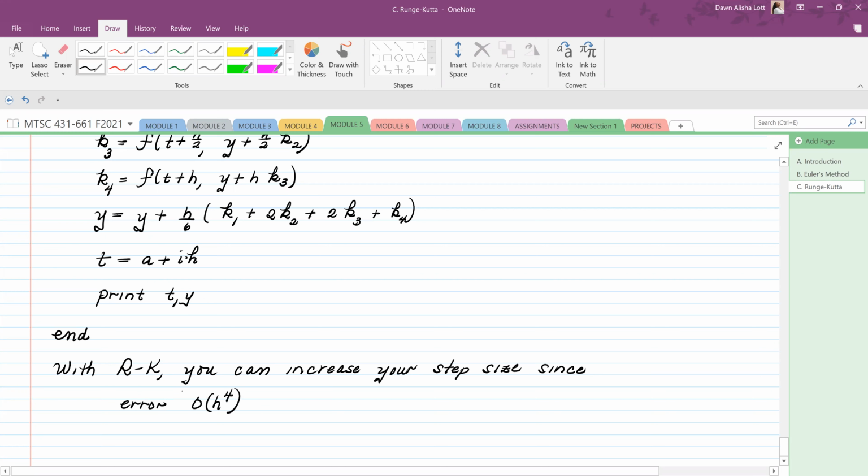So now if you run your code and you run the same H with Runge-Kutta as you do with Euler's and improved Euler, you will see that your solution to the Runge-Kutta will be significantly better because you're running it with the same H, but your error is much smaller. Okay, so there's also Runge-Kutta-Fehlberg. Trying to see, do I have time to even go through Runge-Kutta-Fehlberg?